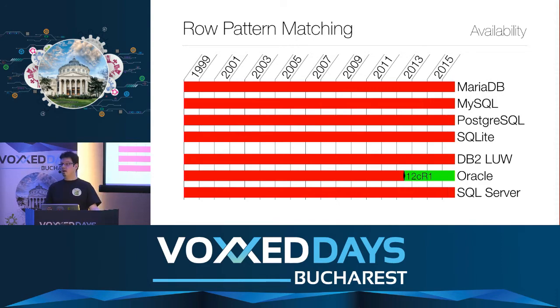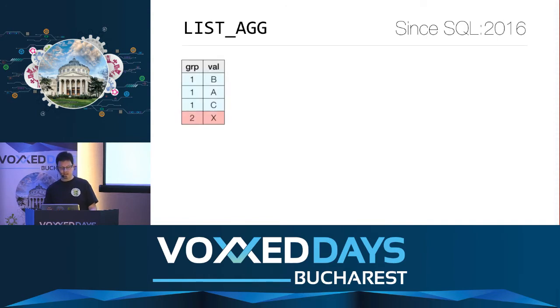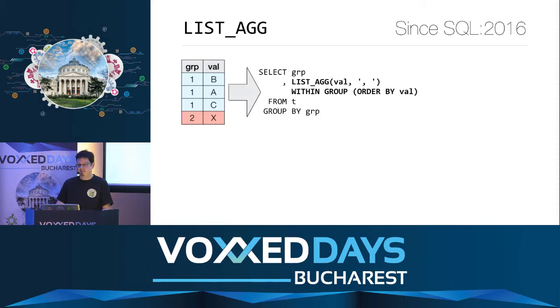Okay, this was one feature out of SQL 2016. Another interesting feature, which every single person in this room would have needed to use before, is LISTAGG. What is it about? So if you have something like this, and you want to basically do a group by, but a group column, and you would like to get a comma-separated list of values, go ahead, do it.